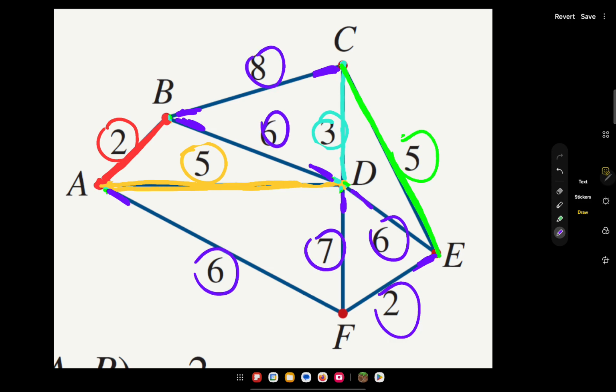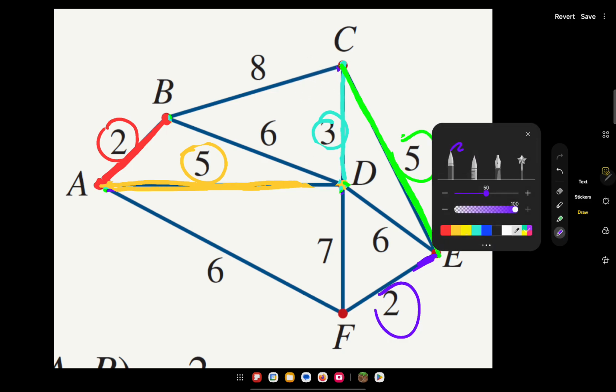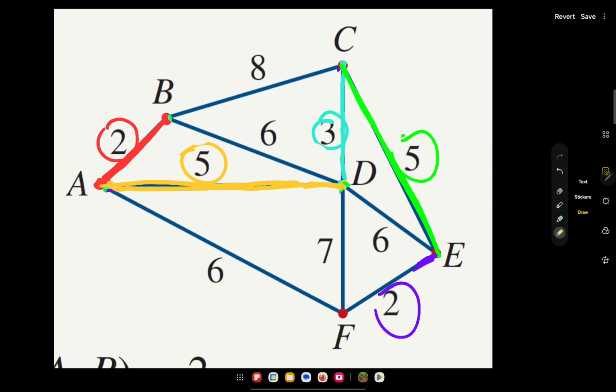Okay? Pick our smallest number. In this case, it's 2. So we take that one. So we rub all the others out. And we take that line there.